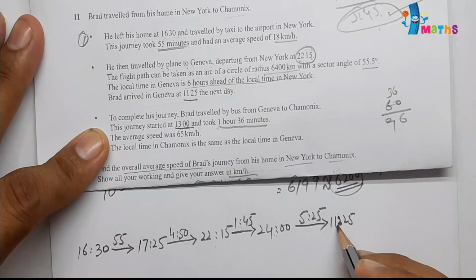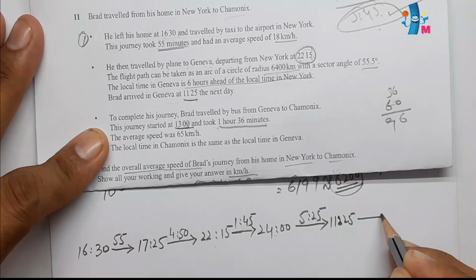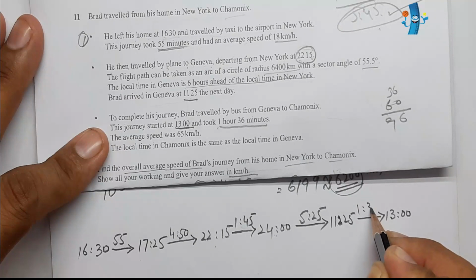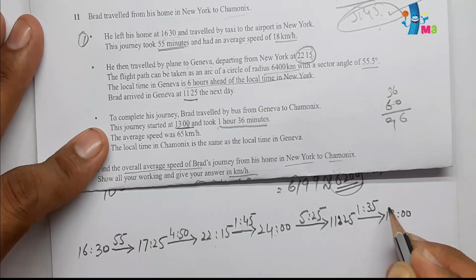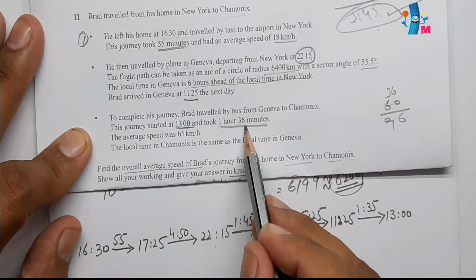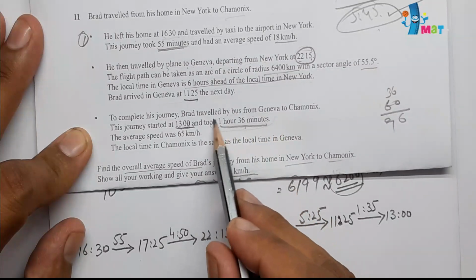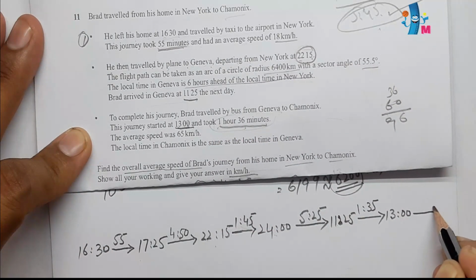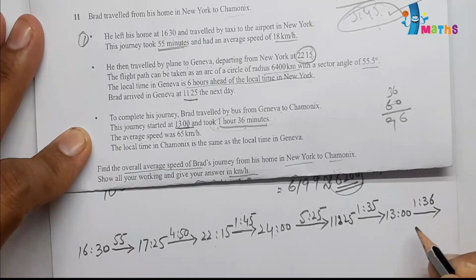So from 11:25 up to 13 there was a gap, and that gap is 1 hour and 35 minutes. From 13 hours the journey is completed in 1 hour and 36 minutes. So the next journey is 1 hour and 36 minutes.